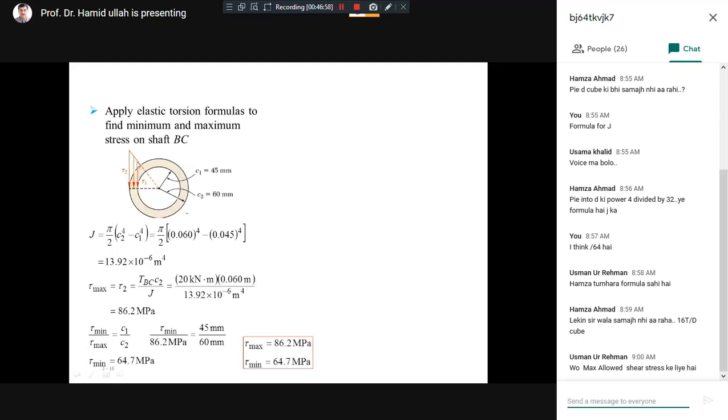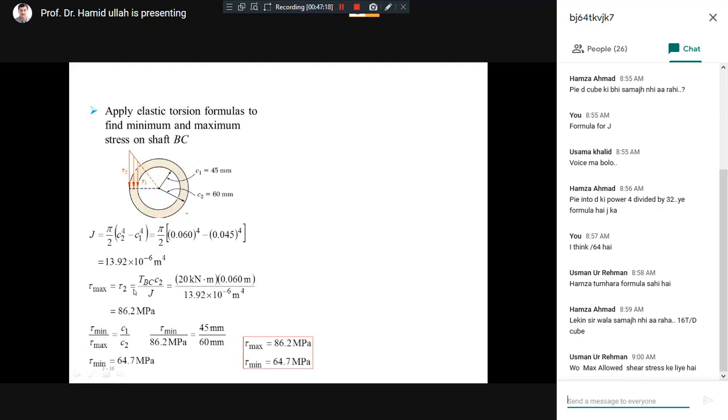This will be the minimum stress. When you go to the outer surface, since the radius is more, the stress will be more. This you will call the maximum shear stress. So tau 2 is the maximum shear stress, tau 1 is the minimum shear stress.